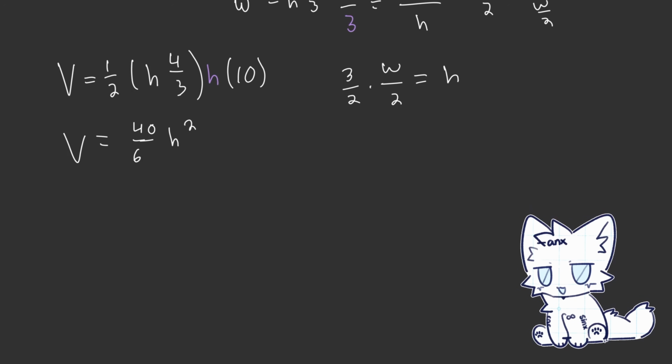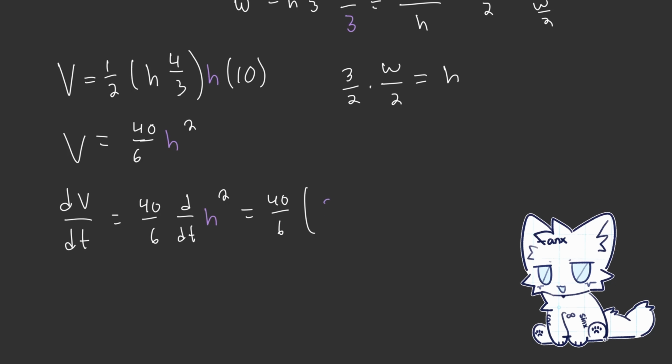Now, taking the derivative of both sides in respect to time, the change in volume in respect to time is equal to 40/6, this is a constant, we don't care about that, times the derivative in respect to time of h squared, which is equal to 2h times the change in height in respect to time.